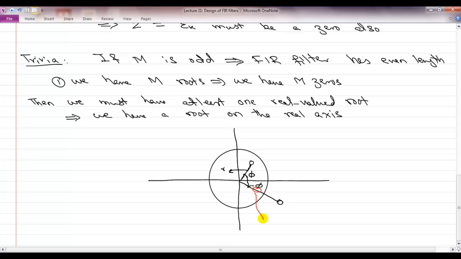So this 0 is due to the conjugate pair condition. But you also need a conjugate pair for this 0.